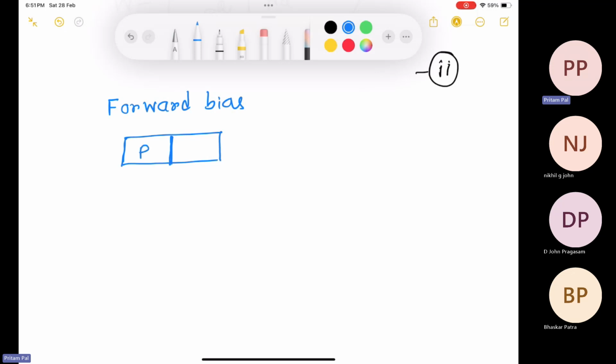This side is P, this side is N. The P terminal is connected to the positive electrode of the battery, staying at positive, and this is at the lower negative potential. This is how we define the forward bias. If you see any problem, understand that this is the forward bias condition, and reverse bias is the opposite.